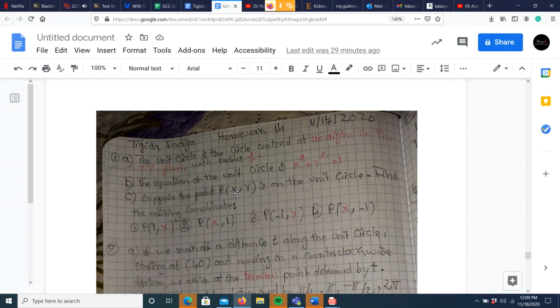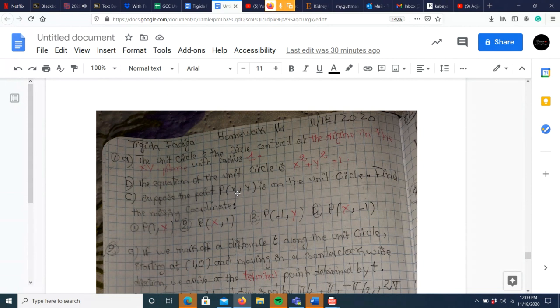P means a point. The first one gives you the x value. If x is 1, what's the y value? 0. Y is 0, right?